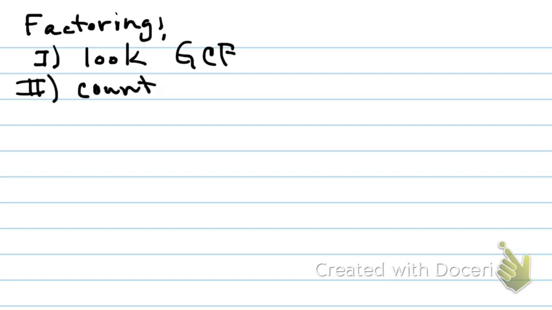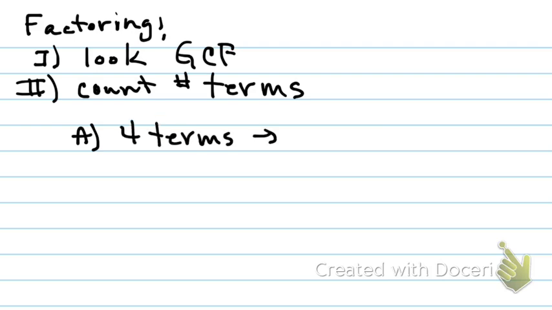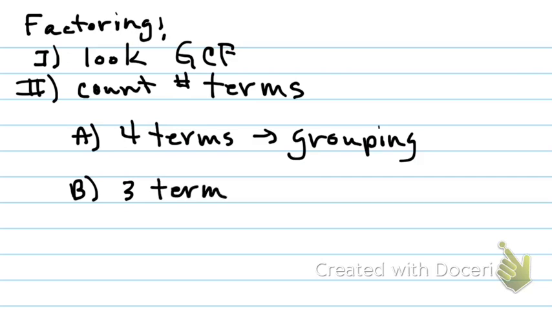Count the number of terms. Why is it important that I know how many terms I have? To know what method to use. And last time, we looked at what happens when you have exactly 4 terms. And you use what method? Grouping.